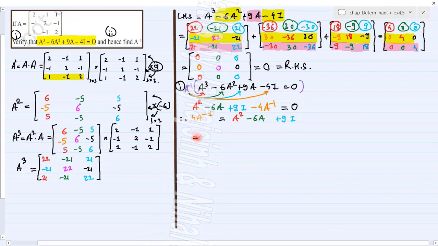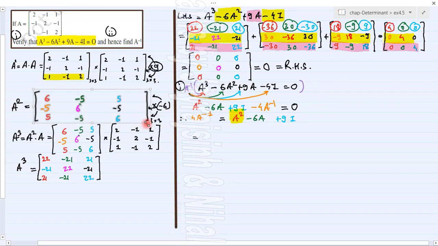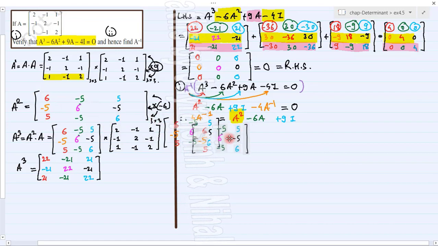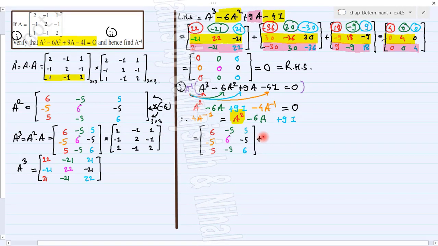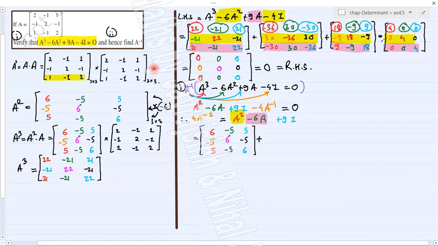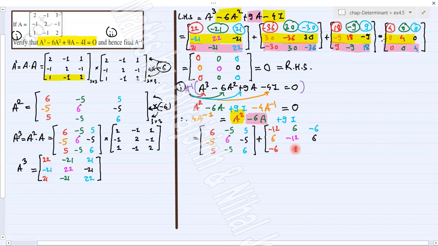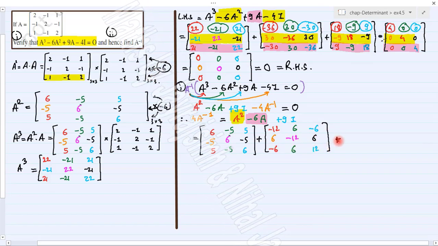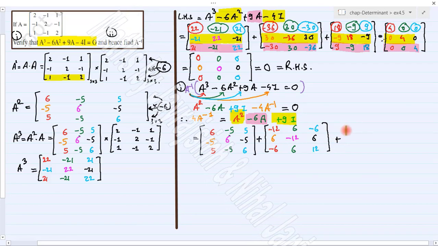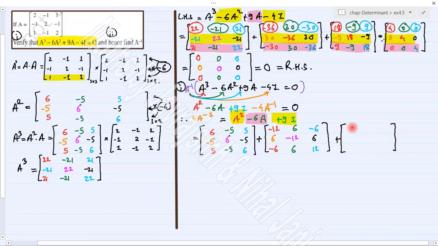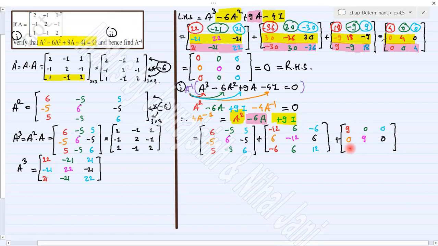So we have to substitute respective elements. First of all, let's get your matrix A square plus your second element is minus 6A. So we have to multiply minus 6 with each element of matrix A plus your last element is 9I, which can be obtained by multiplying 9 with identity matrix.